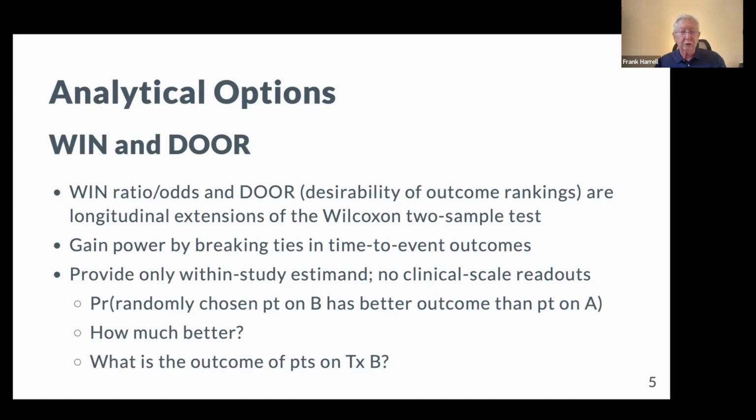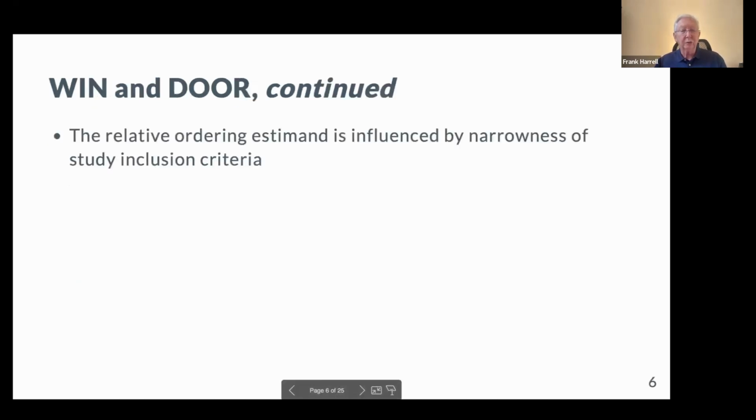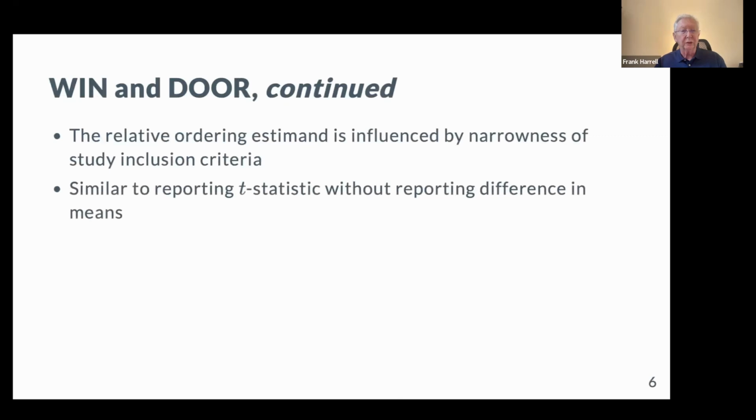And when you go past two treatments and you want to compare among three treatments, then DOOR and WIN don't really apply anymore. And if you need to give statistics that inform your readers about how patients fared on treatments A, B, and C, you don't really have a metric like that. And then there are some technical problems with the method.